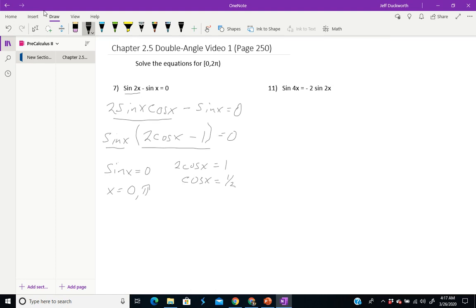So this is the smaller version. This is going to happen up near pi by 2. This is going to be at our 60-degree mark, which is pi by 3. So here, x is going to equal pi by 3. That's going to work. Notice that our cosine is positive. So the other value that's going to work here is going to be in quadrant 4.